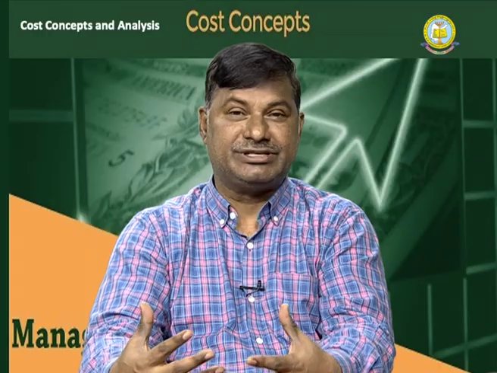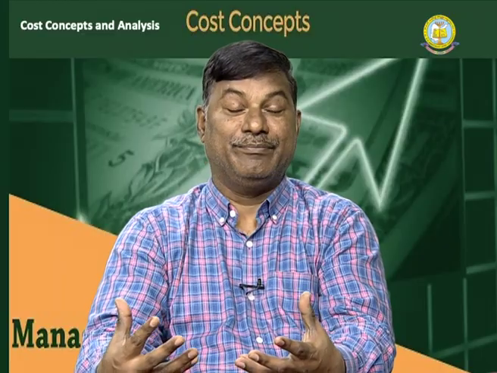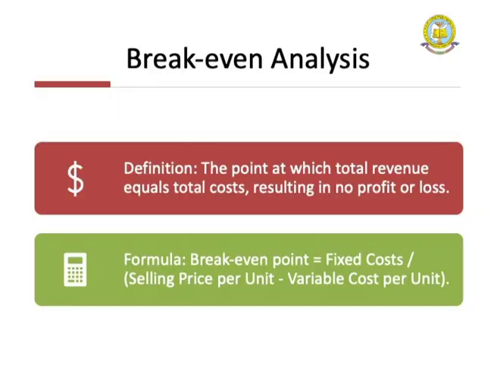And this contribution is very crucial in most of the decision making processes. And to calculate the break-even point, we use contribution. The formula to use for break-even point is fixed cost divided by contribution per unit, that is selling price minus variable cost per unit. Now, what is break-even point?